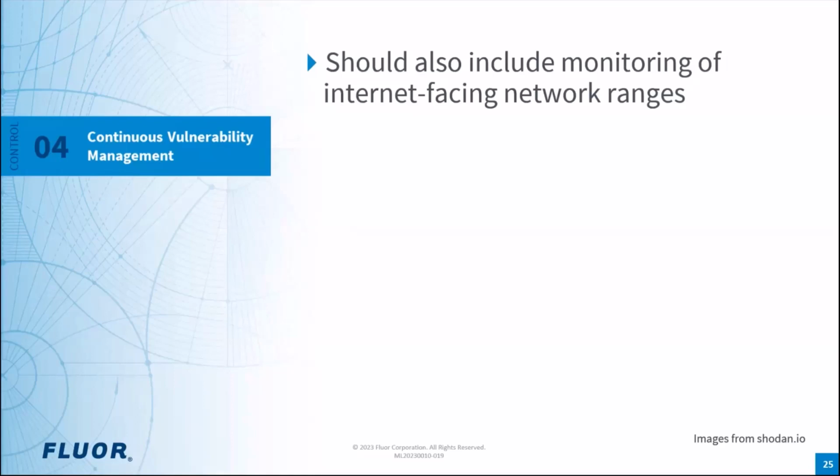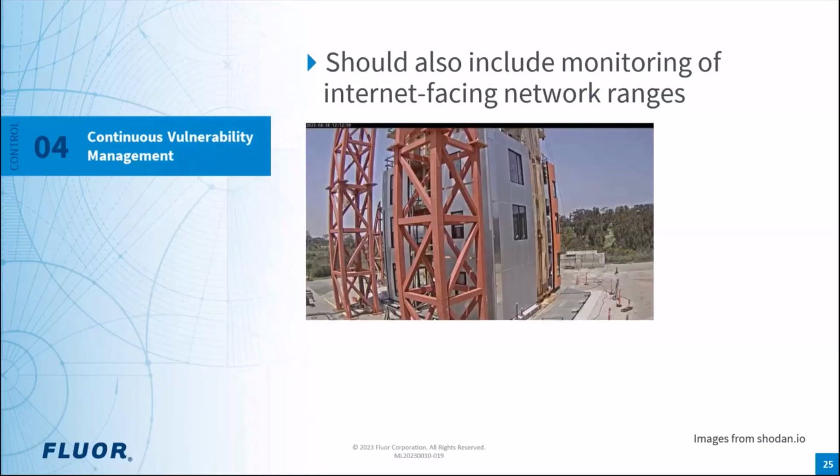So if I have someone deploy a CCTV camera like we see here, and maybe somebody wants to watch this facility as it's getting built, the idea is it's connected potentially to the OT network, and now an attacker can see it. And that camera is just another system running Windows or Linux, and it's typically going to be very easy to exploit. And now the attacker has a foothold on the network.